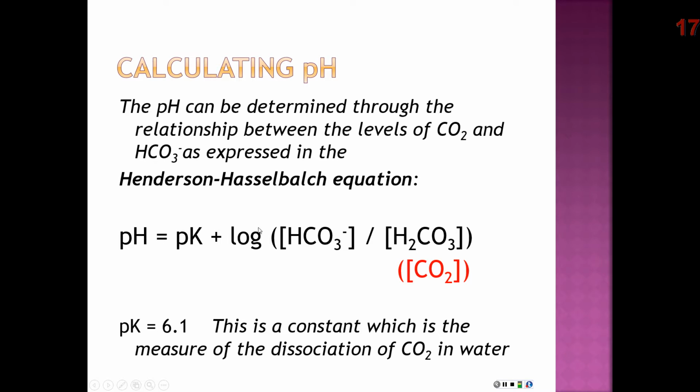You must recognize you do the actions within the parentheses first. Now I put in red down here carbon dioxide, and it's really the partial pressure of carbon dioxide that is the value we actually measure. But the brackets represent concentration. So we're going to substitute the partial pressure of carbon dioxide for carbonic acid when we actually do the equation.